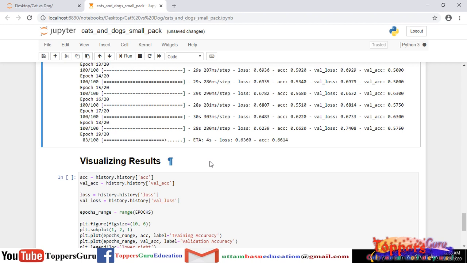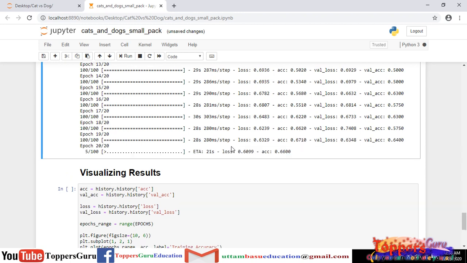As I have taken a very small training dataset, just 1000 images, and test is 200 images, our validation accuracy will be very low. See what happened, it is coming almost 60 to 70% I think, because in 19 epochs it is coming 64% accuracy for the test dataset, and training is 67%.